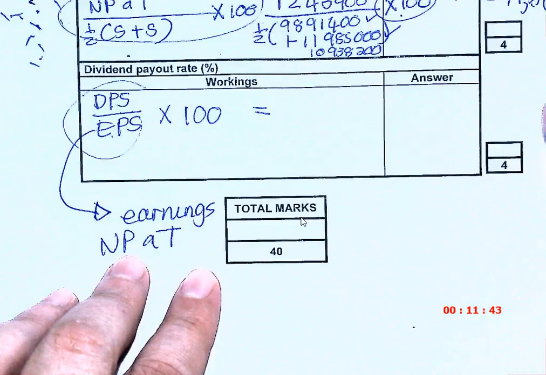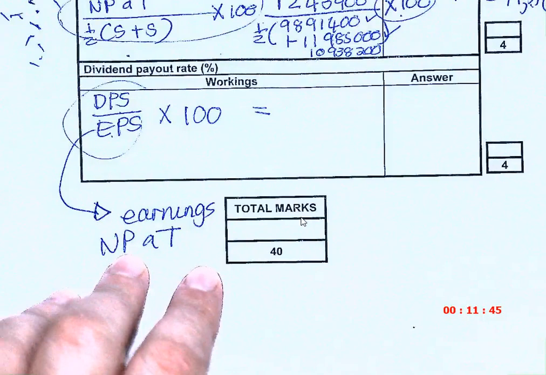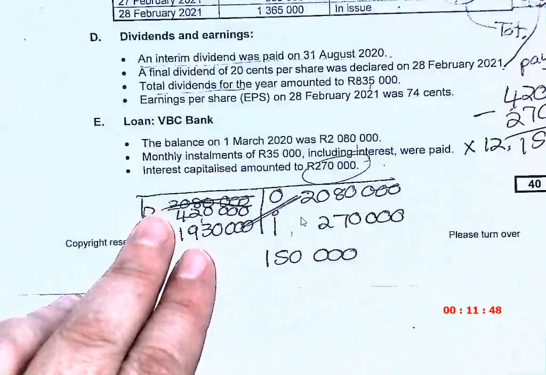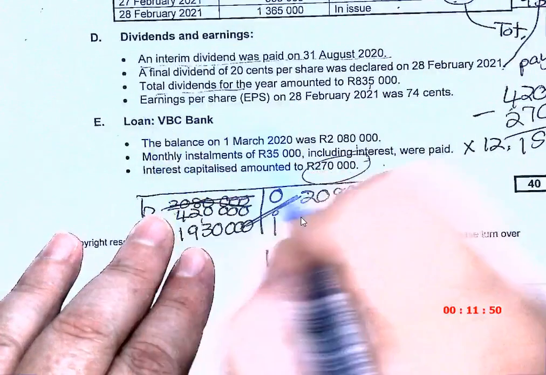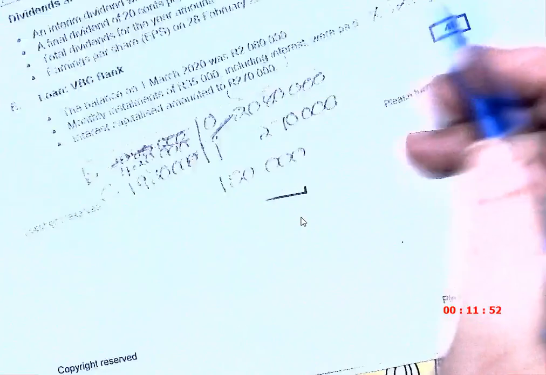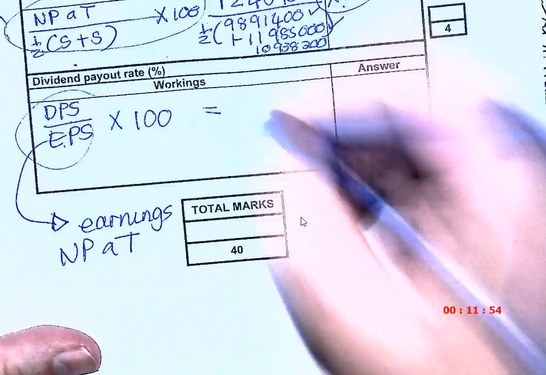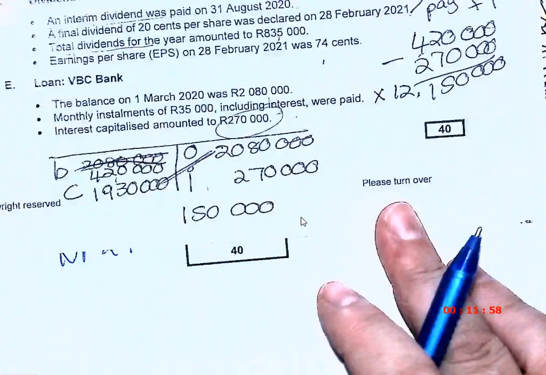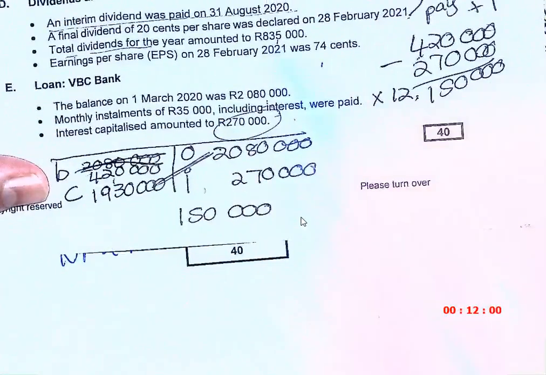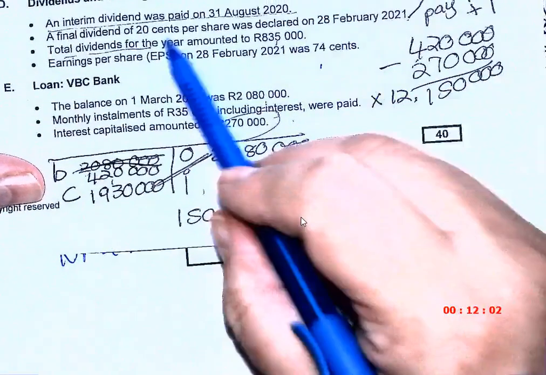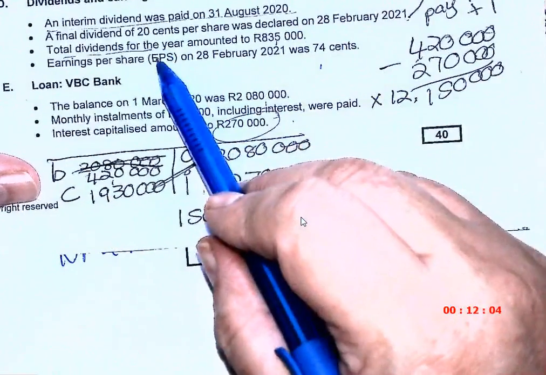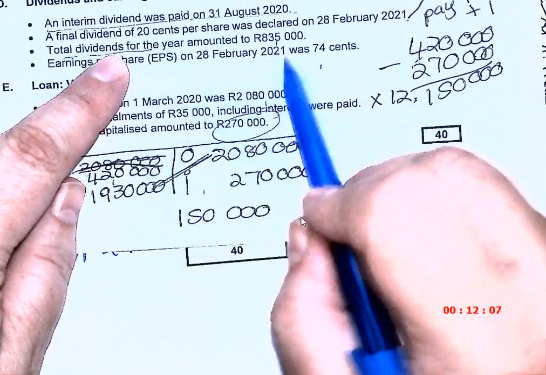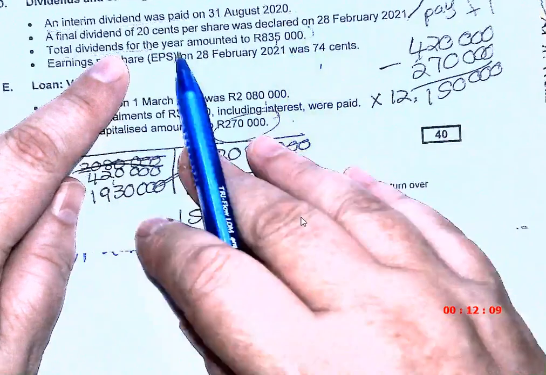So they tell you, what is the DPS? Did they give it to you? Let's quickly look. Here. They give me the earnings is 74. What is the dividends? So the dividends, they say, an interim dividend was paid and a final dividend was 20, and then they say to you, the total dividends for the year was 835.